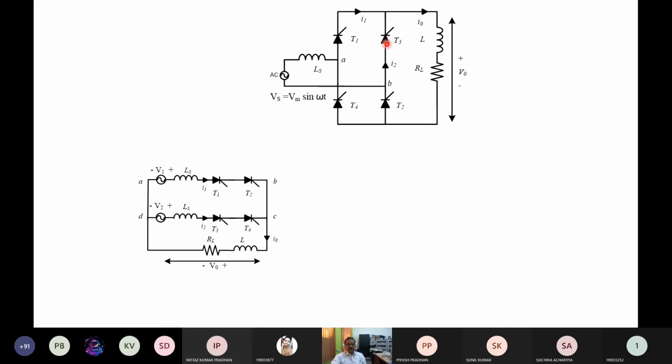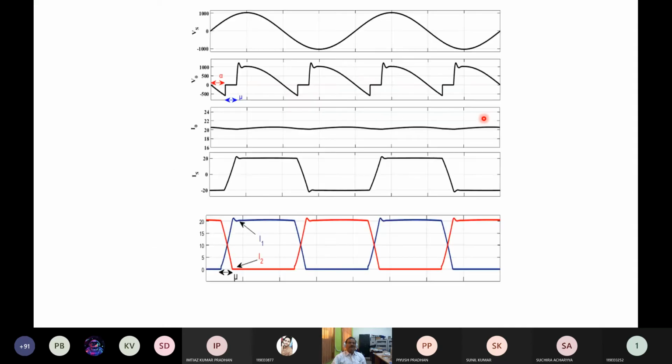So if you neglect the voltage drop in the switches, and if you measure this voltage, you connect an oscilloscope here, what do you see? You see 0 voltage, na? These 2 points, that is a short circuit.